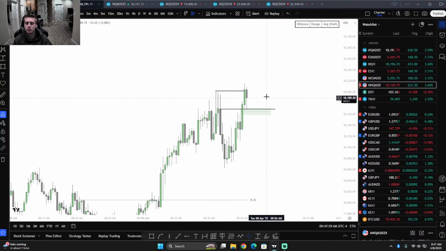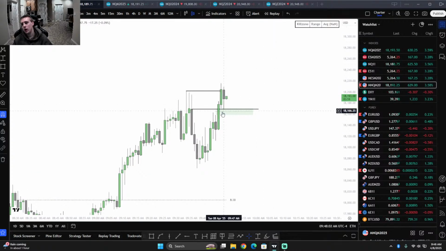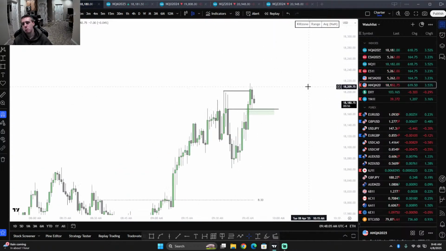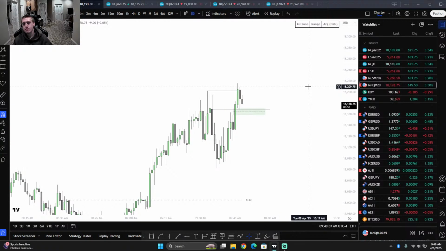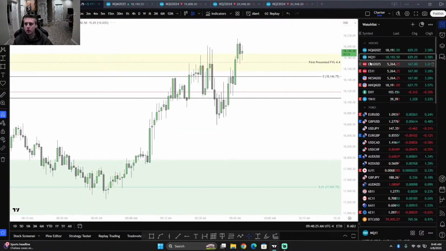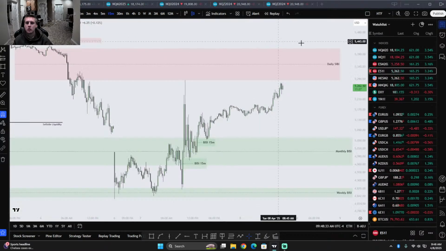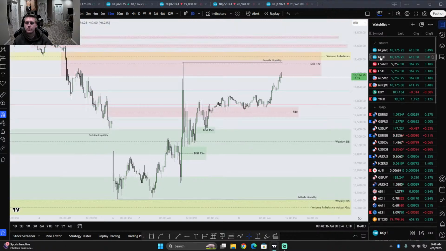I want to see this be used as an institutional order flow entry drill. I don't want to see us trade back down into this, with the low of a 1 hour SIBI.